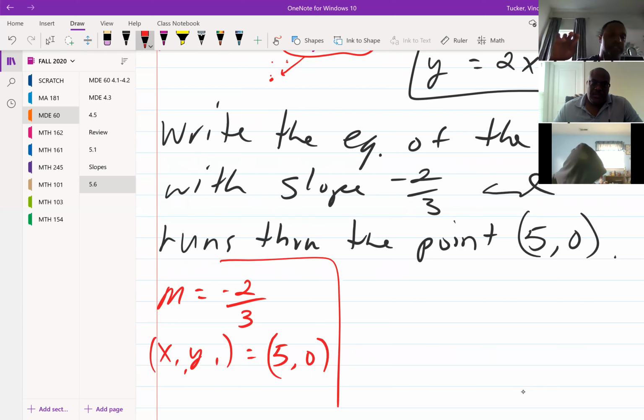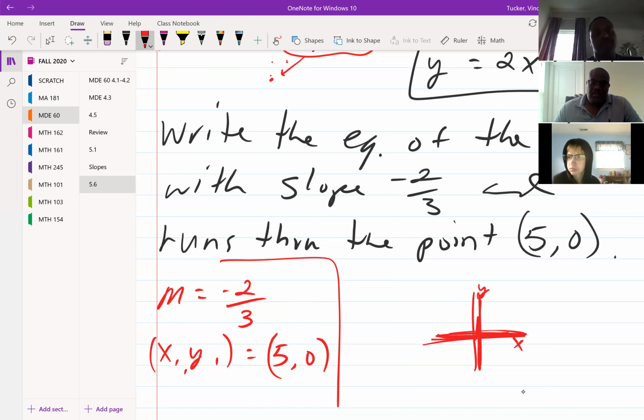You go up or down for the top number, and then you go left or right for the bottom number, because when you look at your axes, your Y is your vertical, and your X is your horizontal. So that's why you rise over run. It took me a while to get it, but I got it.